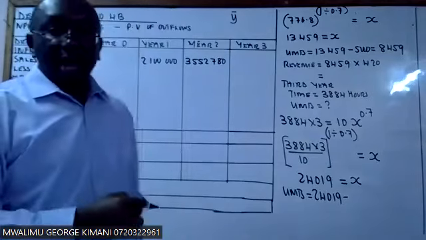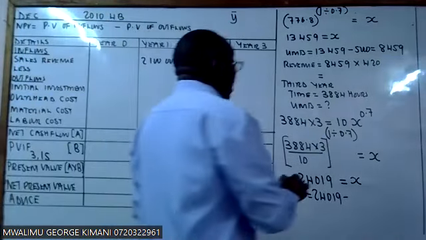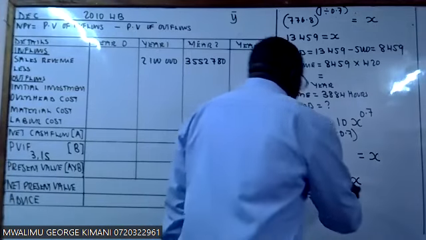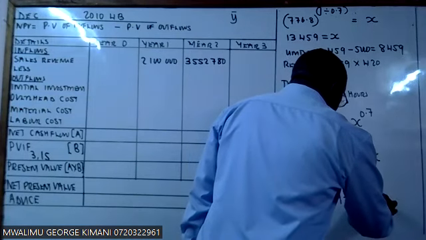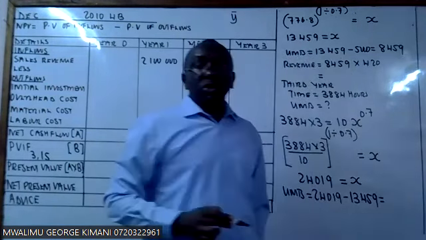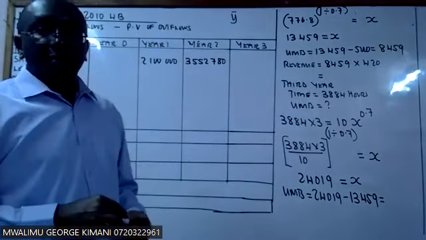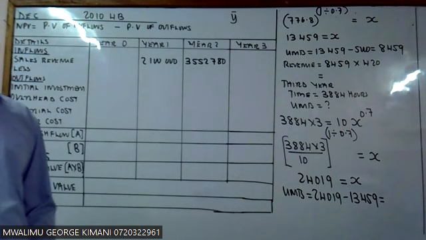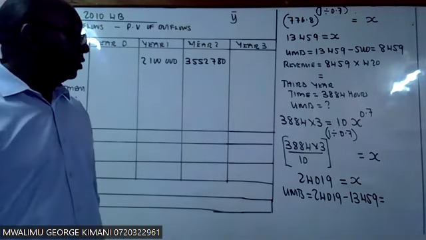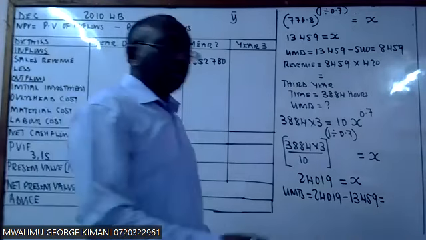Up to the second year we did 13,459, so for that year alone, how many units did we make? 10,560.